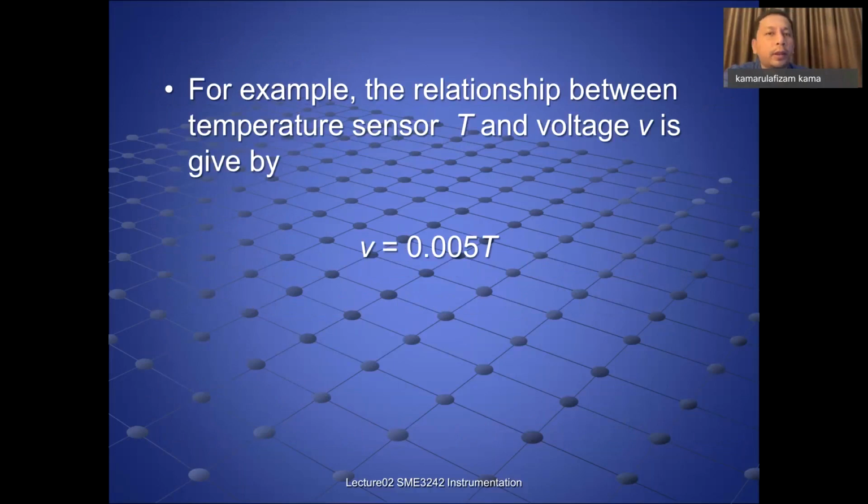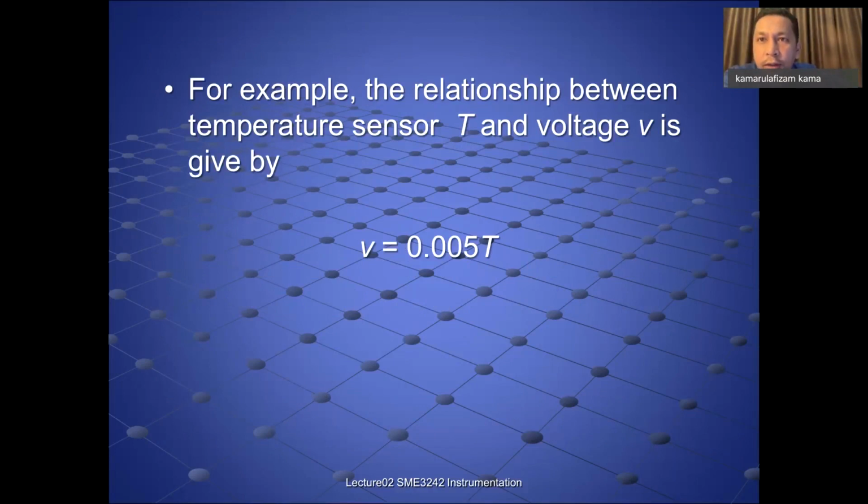Okay, for example, the relationship between temperature T and voltage V is given by V equal to 0.005 T, and this equation basically relates T and V by a constant of 0.005. So there is no time term in this equation.